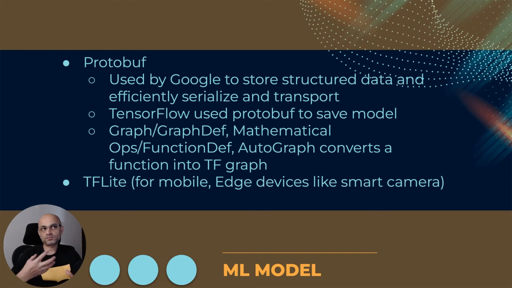It's kind of, let's say, a struct, some data structures, and also it's a library which knows how to convert any data structures into serialized data to send it over the network and get it back. So Google uses protobuf to store structured data and efficiently serialize and transport it over the network. So TensorFlow also uses protobuf to save the model.